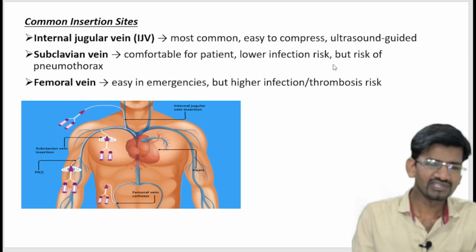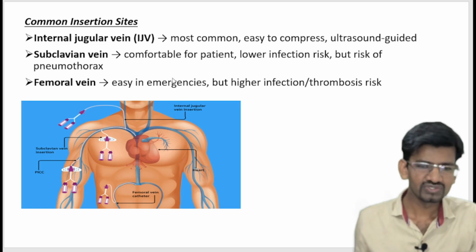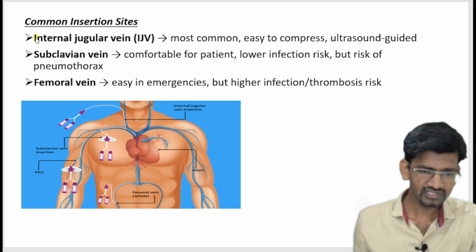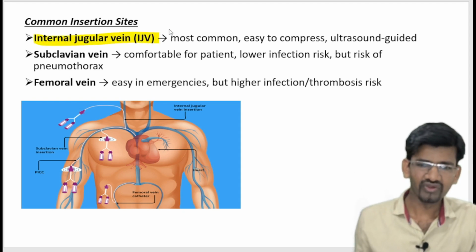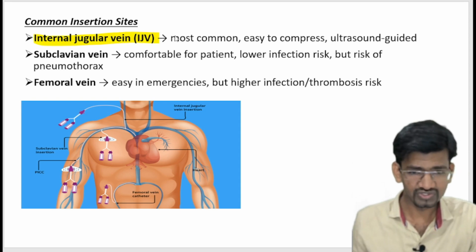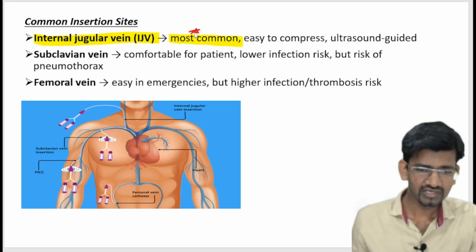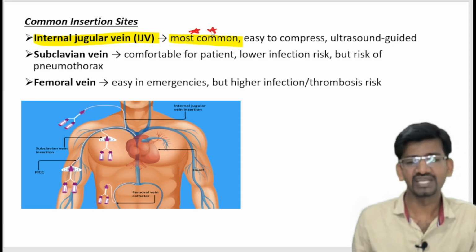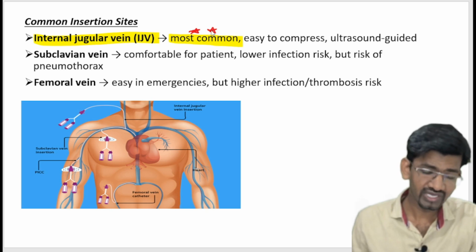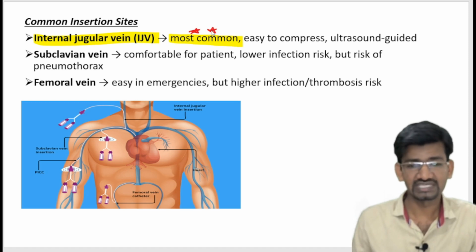Then what common sites do we use? As in the definition, the most commonly used site is the internal jugular vein. Remember, this is the most commonly used; many times it has been asked which vein is most commonly used for CVP, the central venous catheterization.